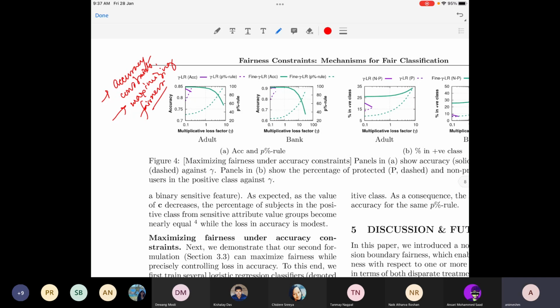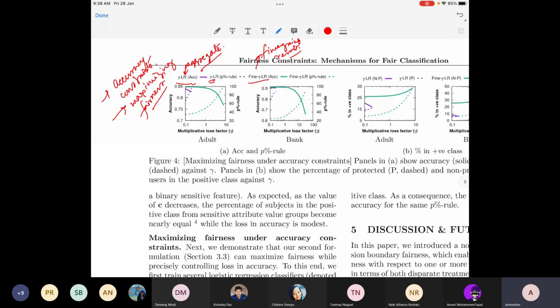In this case, if you remember, there was this gamma parameter, the multiplicative gamma parameter. Now they are showing two types of results. One is the fine grained gamma and the other is the normal gamma. So this is the aggregate result, and this is the fine grained result.